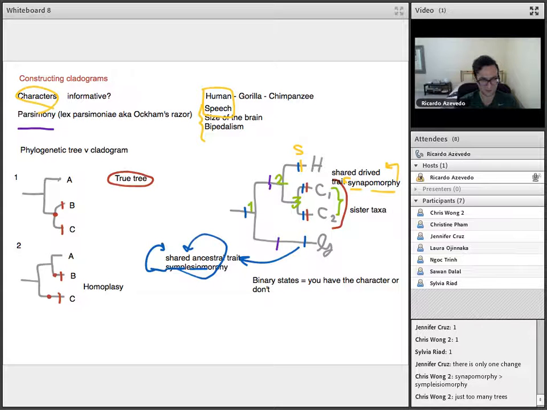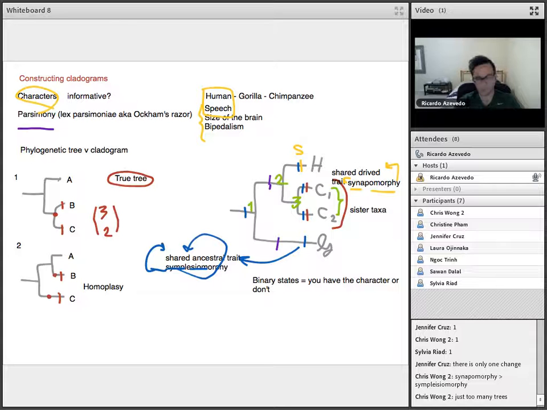I mean, it could be that B and C independently acquired the trait in question, and surely that can happen in the case of homoplasy. So if number 2 actually is the true tree, it's a case of homoplasy, right? When they have the same characters but independently acquired, so it's a parallel evolution for you.